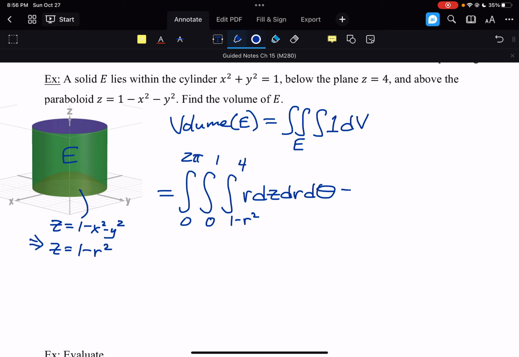So we can handle the 3D component first. With respect to z, this is just rz from 1 minus r squared to 4, dr d theta still out there.